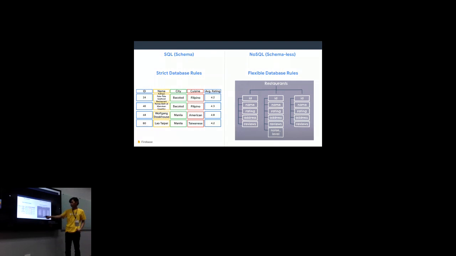If you realize, data 1 and data 3 have the same structure. But for data 2, the second data, there is another field, for example, maybe a noise level here. So this is flexible. The point is, the more complex your application or web gets, NoSQL can still adapt without difficulties.